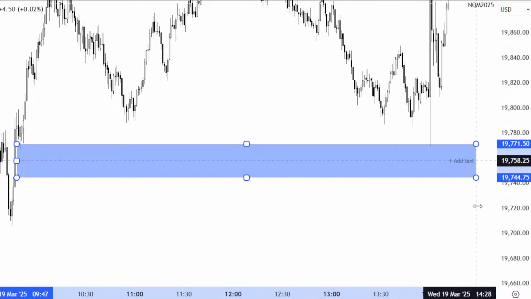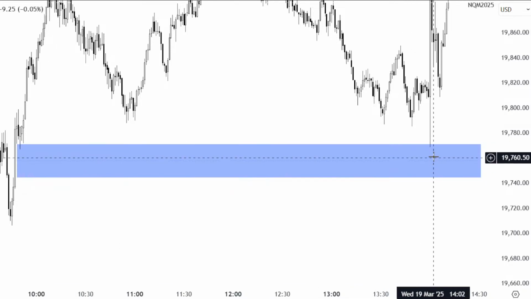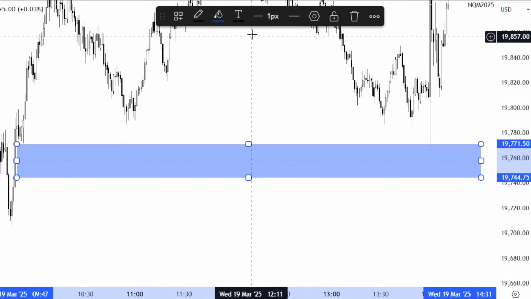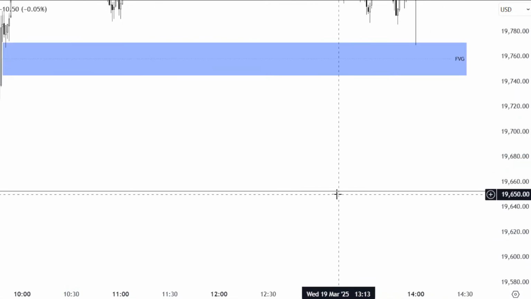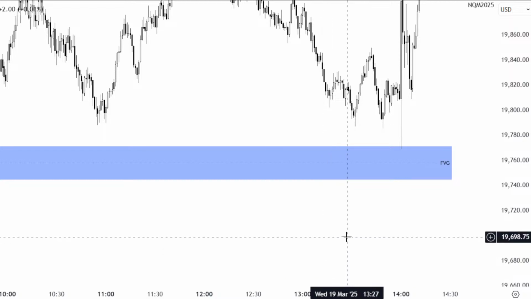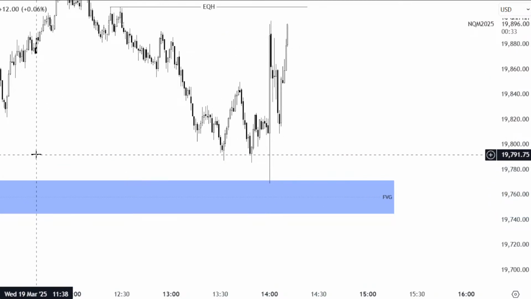I guess you guys can tell me why. This spike into this fair value gap, just like 5%, did not fill it. So this is going to be my next target when we turn around down. Obviously we've got lower equal lows down here, but this is also the target.